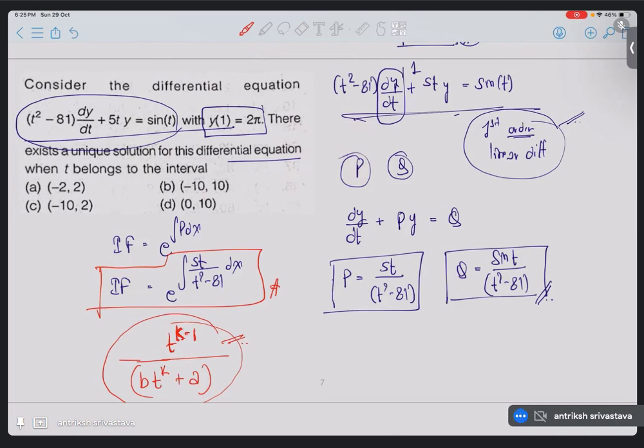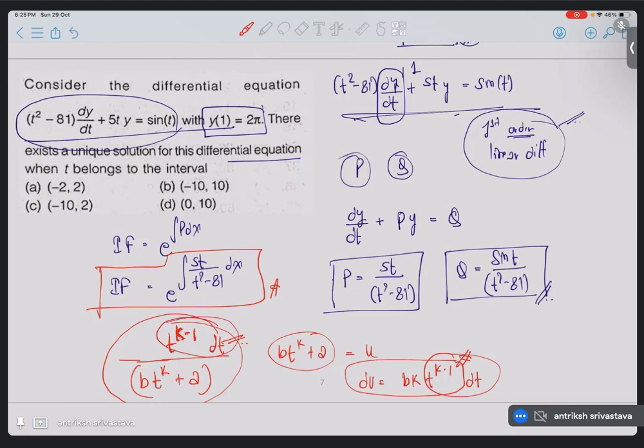We just have to assume that b t^k + a is equal to some value, let's say u. Then du will become b·k·t^(k−1) dt. And we can easily replace this term with this and some other constants, and it makes our life for integration much easier.